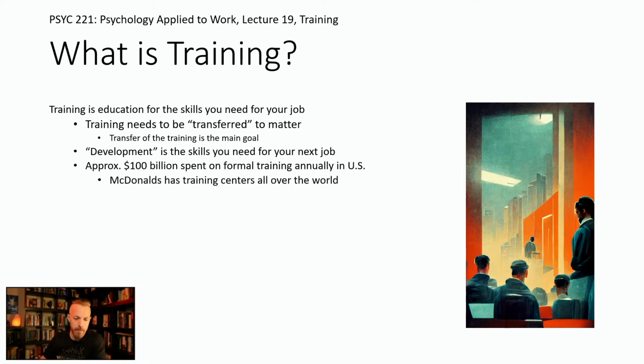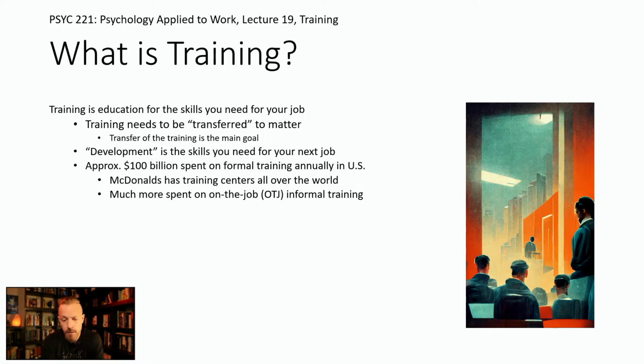As an example, the giant global corporation McDonald's does formal training. They have places they often call Hamburger University or Hamburger U, and they have those training centers all around the world.